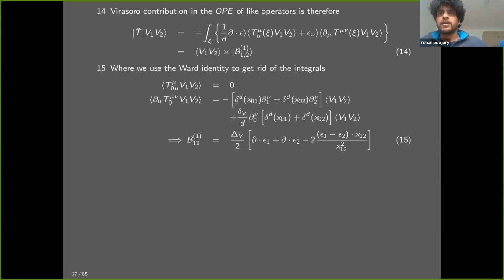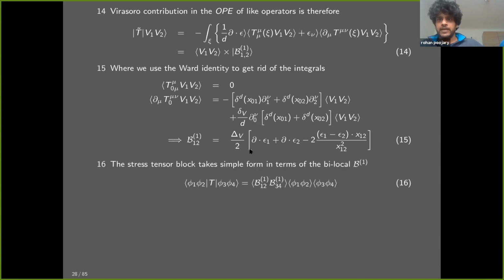So you use this Ward identity, and this B12 in 14 is basically this guy here in 15. It's going to play a major role, and I'll tell you why there is an index 1 on top of it. But this is what it is.